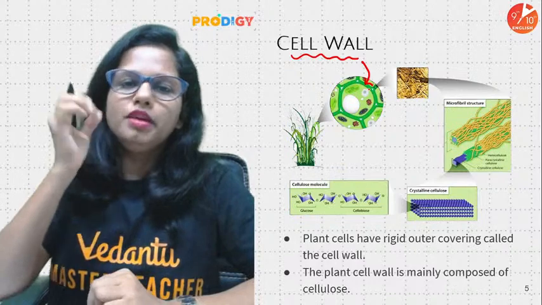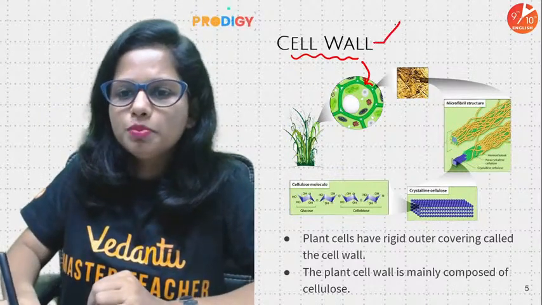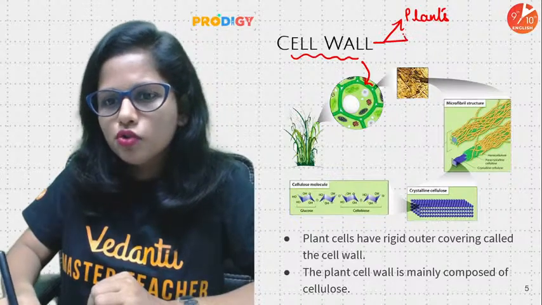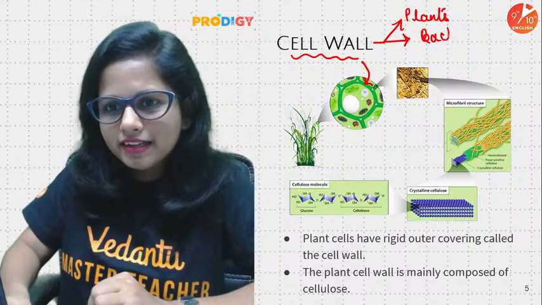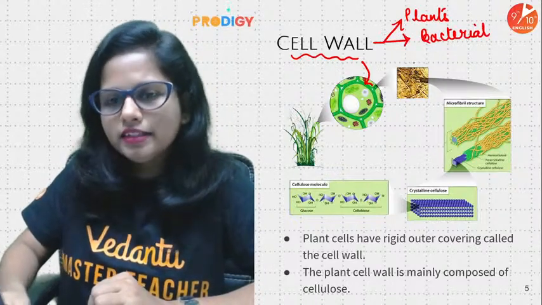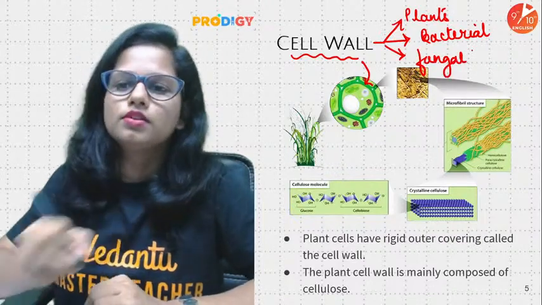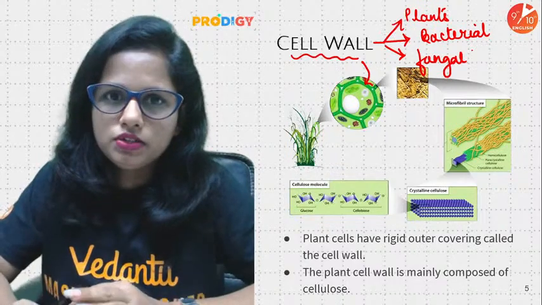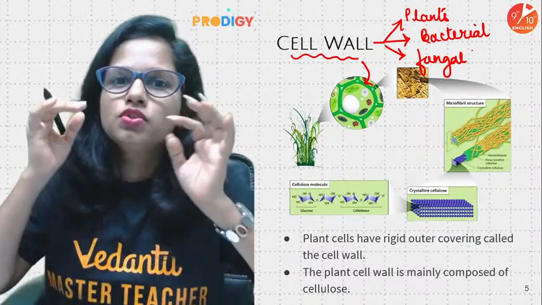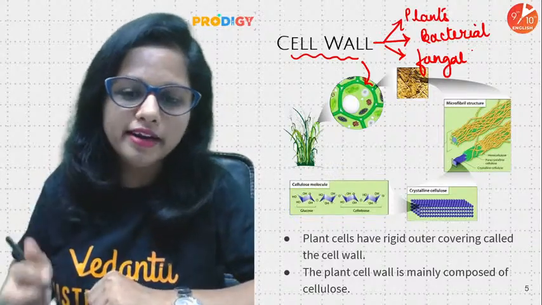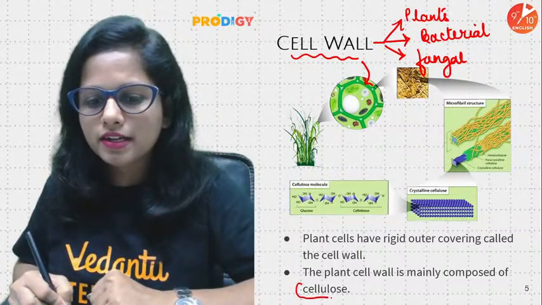Now, people, cell wall is not just present in plants, but it is also present in bacterial cells, and it is also present in fungal cells. Now, in plants, cell wall is majorly composed of a complex carbohydrate which is called cellulose.